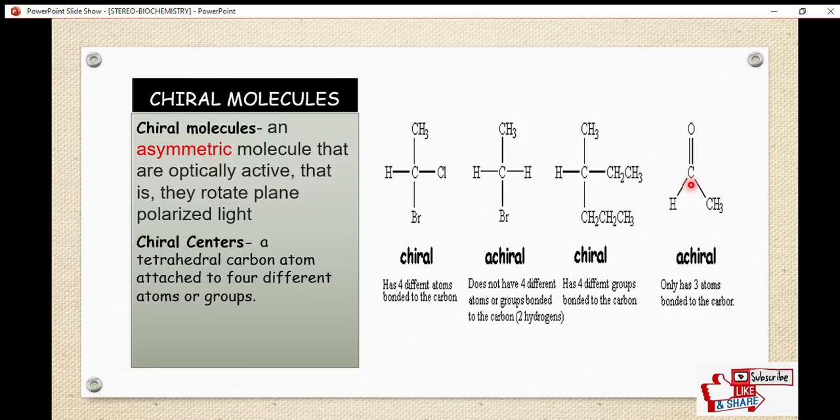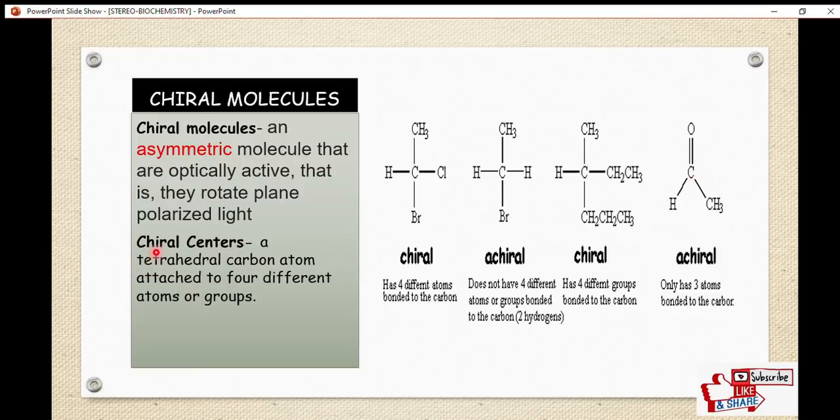So it can be termed a chiral molecule and a chiral carbon too. When we take this compound, for instance, it has 3 atoms bonded to the carbon. We have this double bond to the oxygen, a single bond to a methyl group and a single bond to hydrogen. So we have only 3 groups of atoms bonded to this carbon.